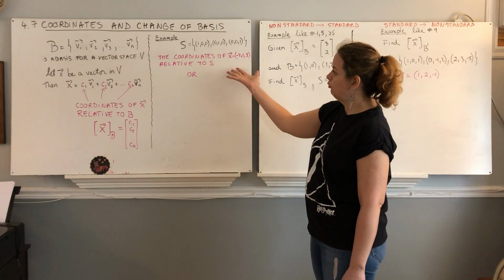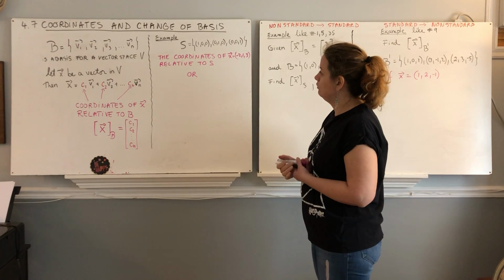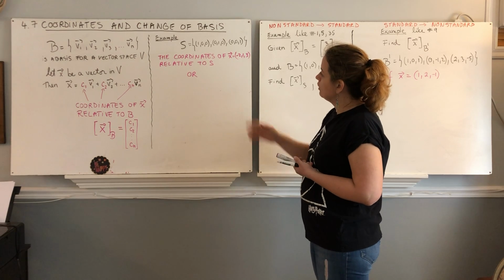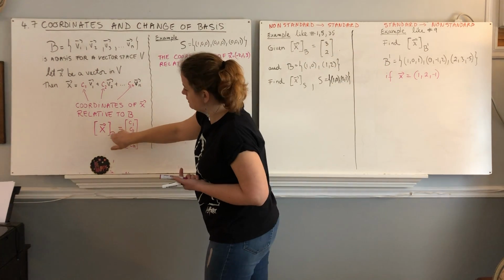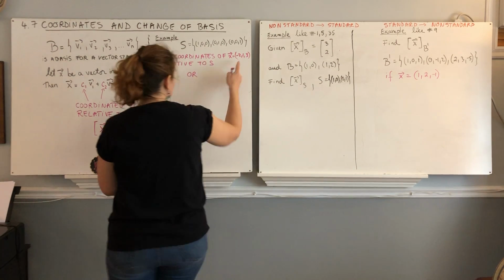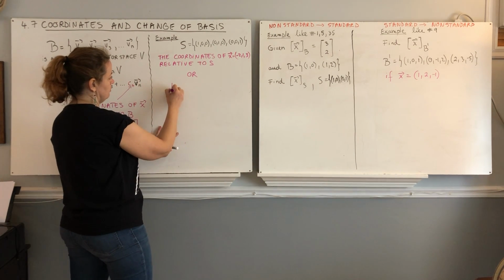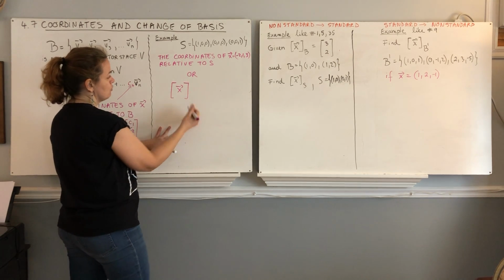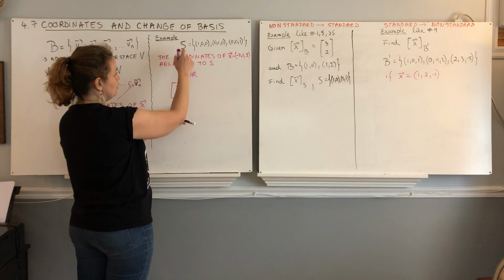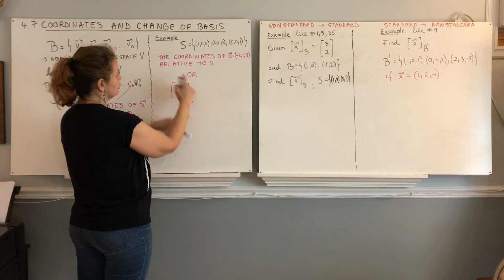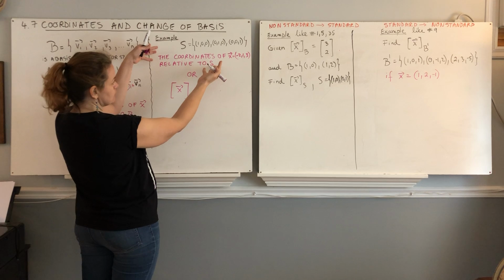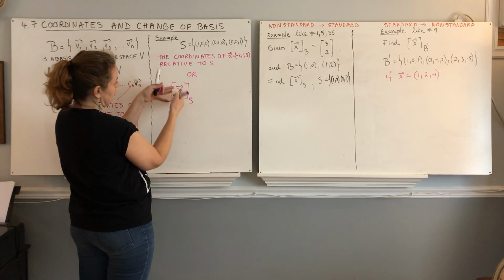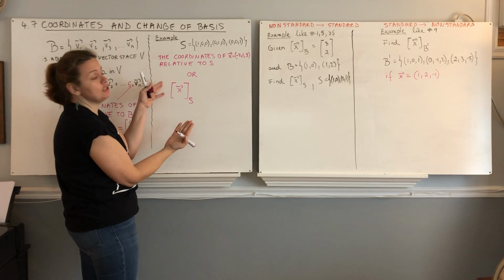So let's see what that means in our language here. So the coordinates of X, what does that mean? I'm going to put X in brackets. So the coordinates of X relative to basis S. So the coordinates of X relative to S, these words get concise by using this notation instead, right?